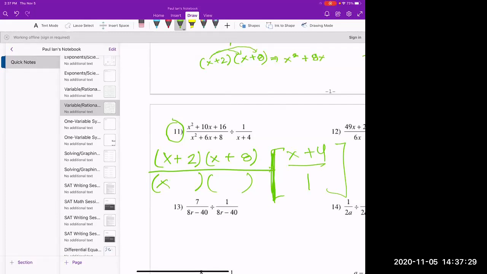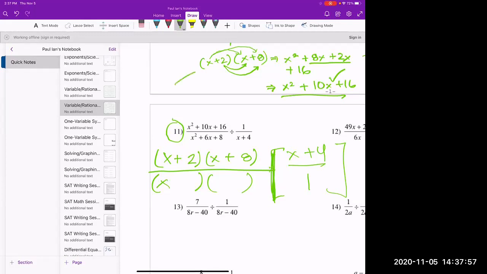Yeah. And then the second one, you distribute the 2. And so it's plus 2x plus 16, yeah? Right? And then you simplify it. So x squared plus 10x plus 16. It matches. That's good.